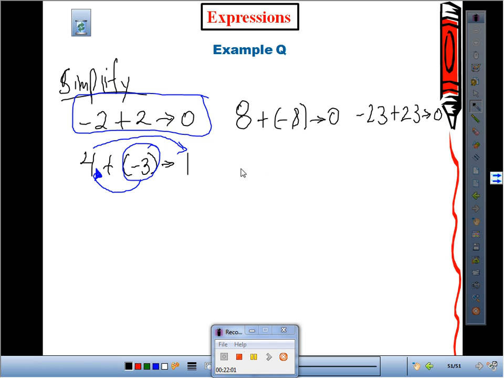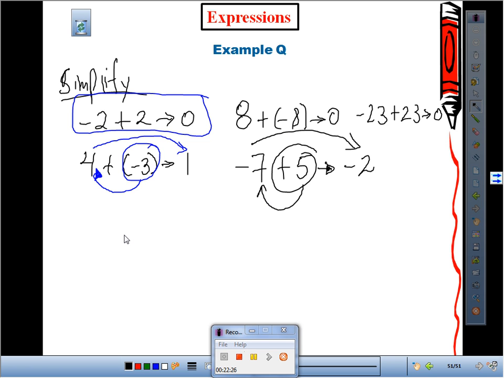Negative 7 plus 5. Don't say it out loud. Tell your neighbor, please. Negative 2. And once again, which one looks the smallest? The 5. Can 5 of these cancel 5 of these? Yes, and that leaves us with negative 2.